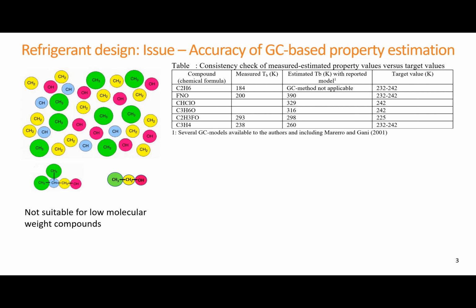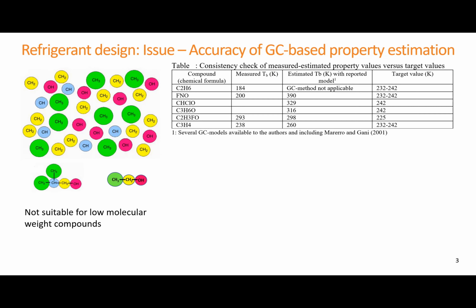So here is one reason. I'm listing some small molecules with 2 carbon, 1 carbon, 3 carbon, etc. The measured boiling points, you can see the group contribution values, and you can see the actual target values. So we can get very, very big errors. The target is 242, and this molecule has 329.